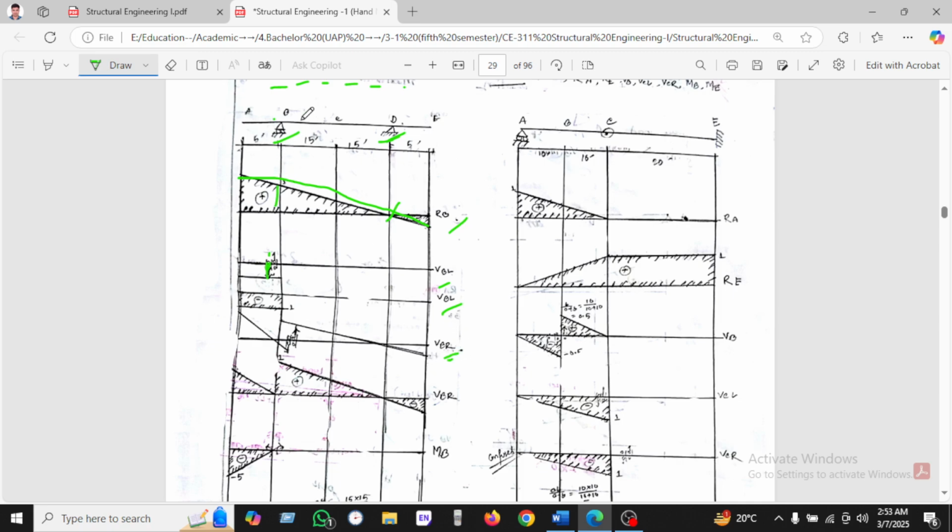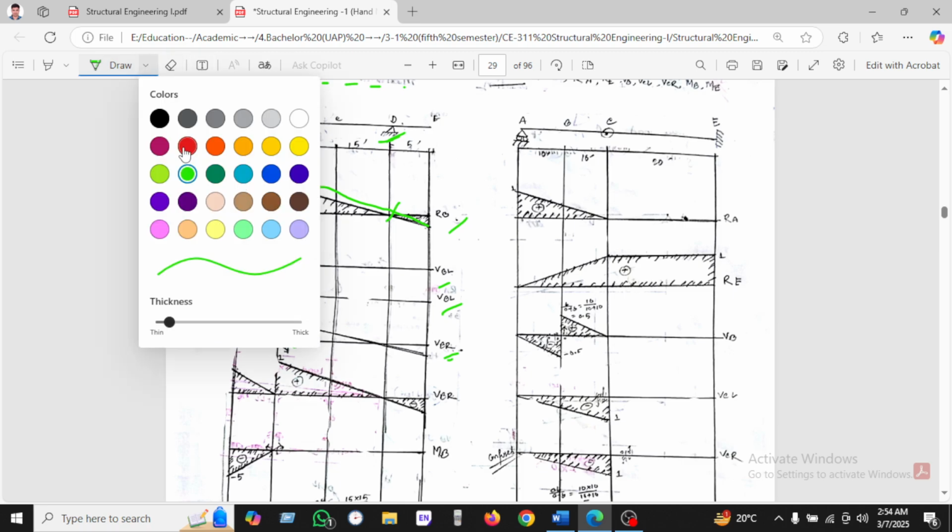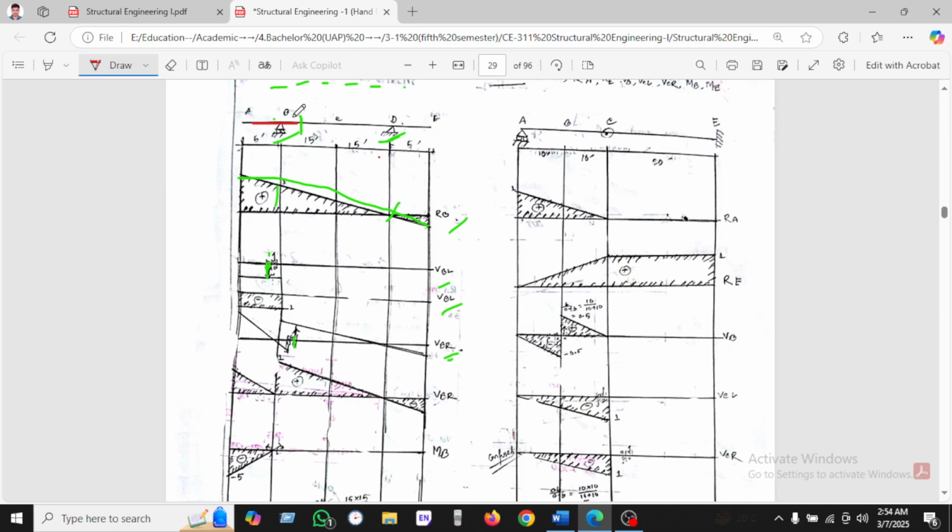BCR we can use the cutting here, so this portion, I'm just using this portion, so if we go down, then it will act like this way, that's why we are calculating this way, so we are erasing this one as it is not needed, and the right portion will be upward, so it will be like this way and acting like this way.